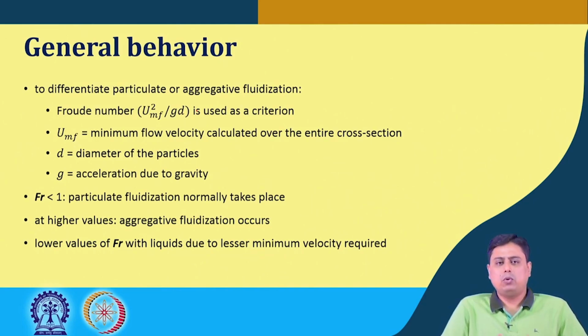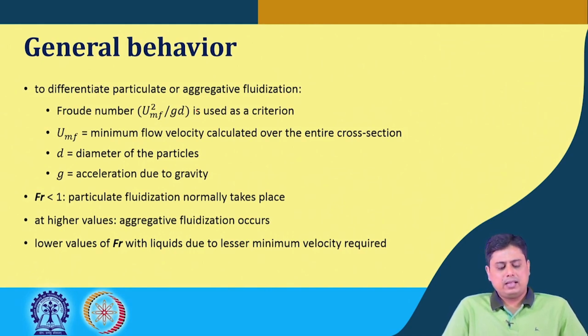Sufficient, in fact more than sufficient, research has been done in this area, and there is now a clear-cut distinction for predicting this regime, that is, where or when particulate fluidization will happen and when aggregative fluidization will happen.